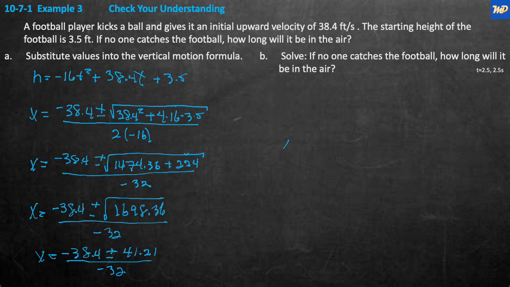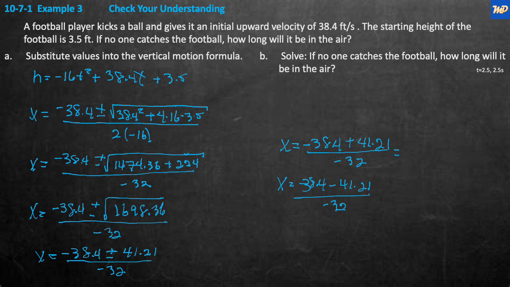So the first x term is going to be negative 38.4 plus 41.21 over negative 32. The next x term is minus 38.4 minus 41.21 over negative 32.